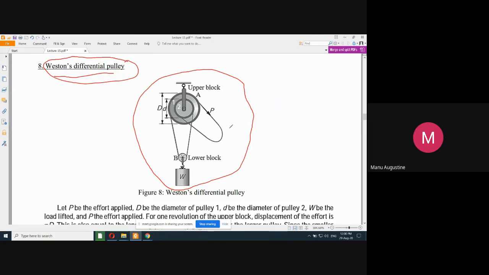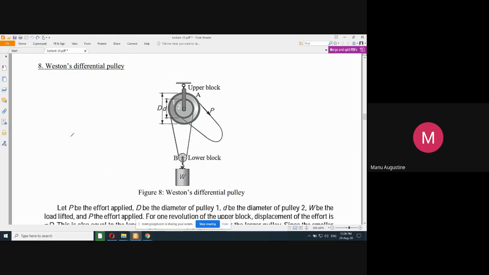how the actual configuration is, but again, in order to ease your understanding, I will draw a slightly tilted figure of the complete block, or rather, we should say, I am going to draw an isometric image of the Weston's differential pulley so that your understanding improves.